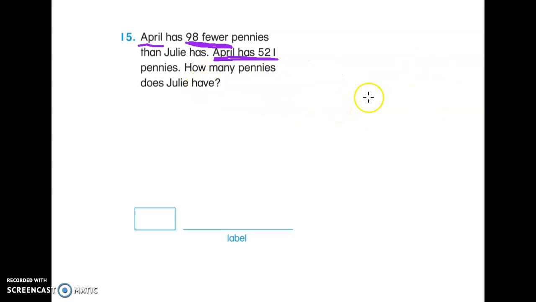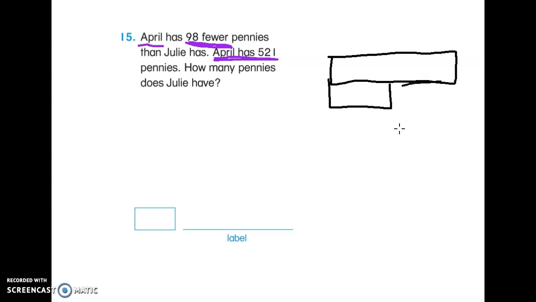So we have our comparison bars. Remember, the top one is your big one. It's your total. Then you have your two small ones, and then your circle. The circle is the easiest one. That's the words with more, fewer, less. So we have our fewer, 98 fewer. So we just plug 98 right into this piece. 98. Now let's see who has more and who has fewer.